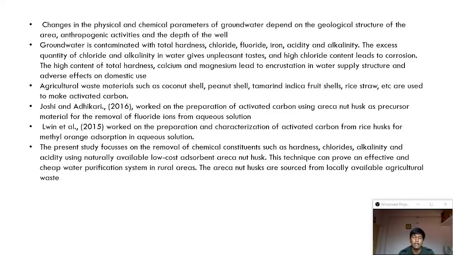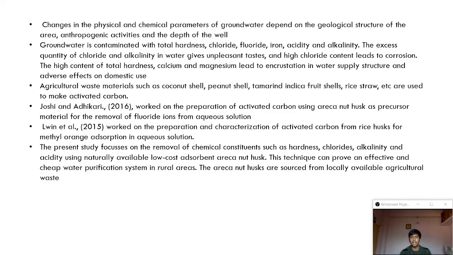Lewin et al. in 2015 worked on the preparation and characterization of activated carbon from rice husks for methyl orange adsorption in aqueous solution. The present study focuses on the removal of chemical constituents such as hardness, chlorides, alkalinity, and acidity using naturally available low-cost adsorbent areca nut husk.